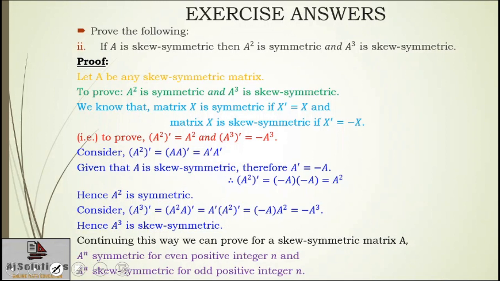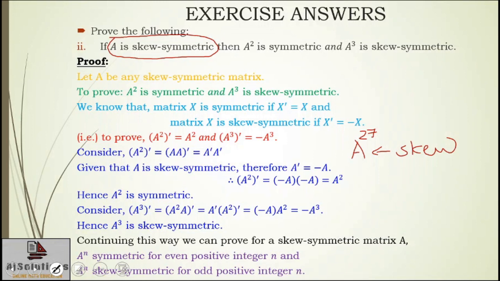So if I ask you, if your A is skew symmetric, then what can you say about A raised to 27? Your 27 is an odd integer power of a skew symmetric matrix. So with the help of this note point, you can say this will also be skew symmetric.